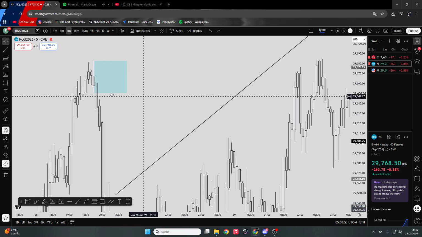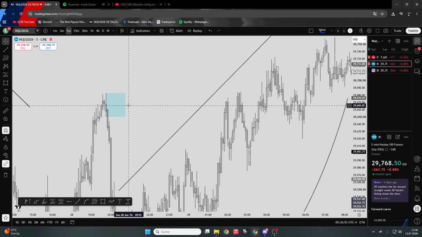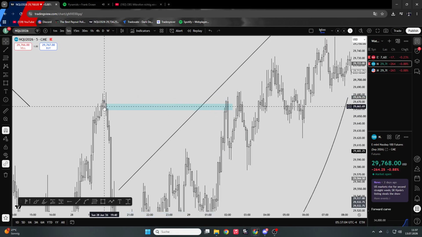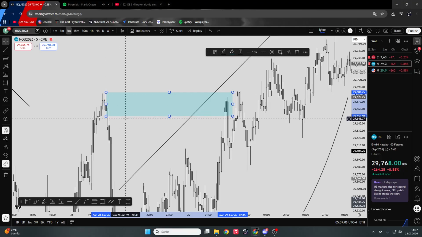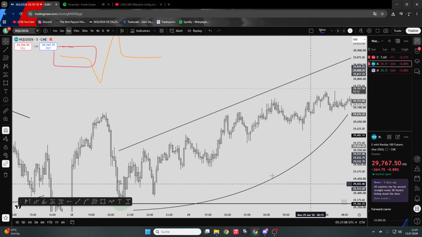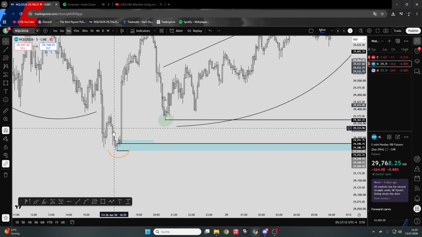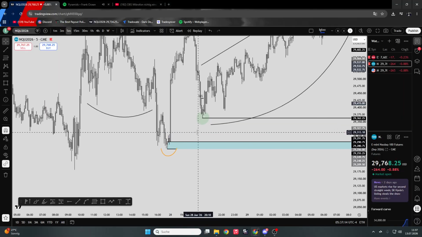Then obviously there's also, I would say, a difference if I'm using only the body or I'm taking the wicks or not. But that's for someone else or for something else. Yeah, but I got the order block here, okay?